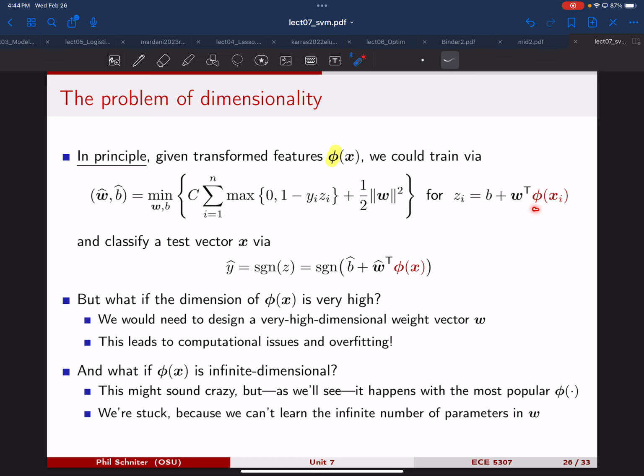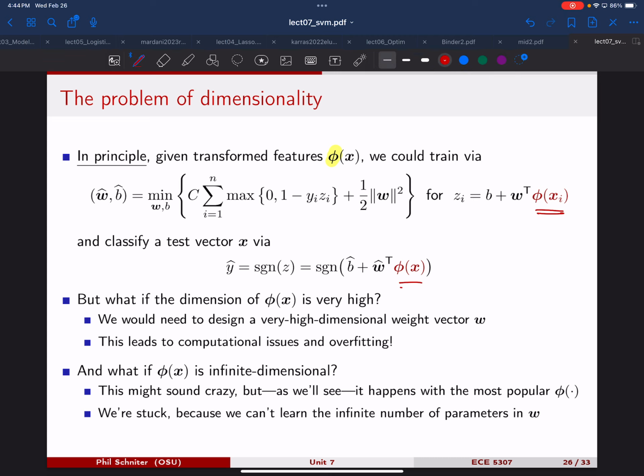And once we have this transformed data, we just give it to our SVC. We train it, we learn our W hat and beta hat, the optimal W and B vectors. And now we have to make sure to use exactly the same transformation on our test feature vector x. So we put x through our transformation, we compute the score, and take the sign and so on. And that's exactly the method, right? So all we've done is we've changed this step here.